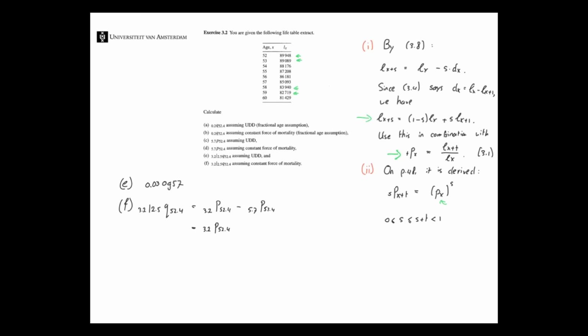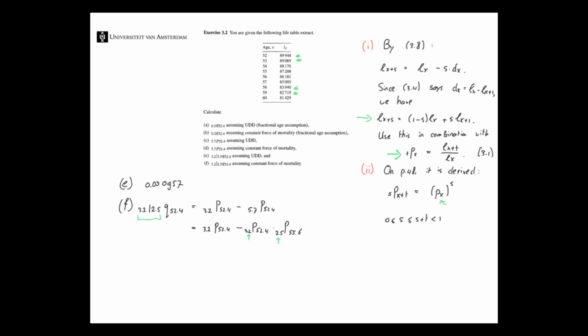We can rewrite this 5.7 as, okay, you first have to survive 3.2 years from age 52.4, and then times what does it become? Well, if we survive 3.2 years, then we are aged 55.6, and we have to survive 2.5 more, right? These numbers I'm getting through the deferred period and the time period that follows.